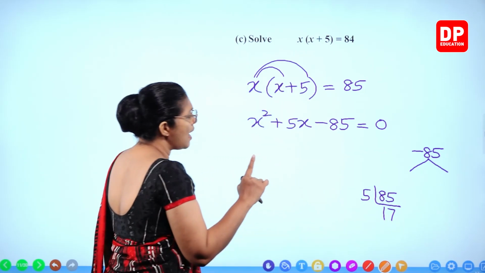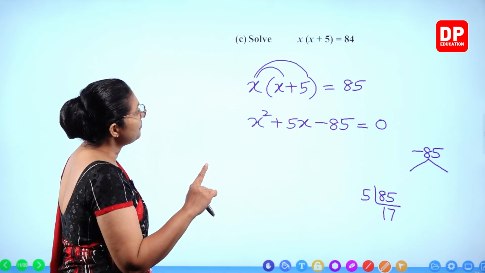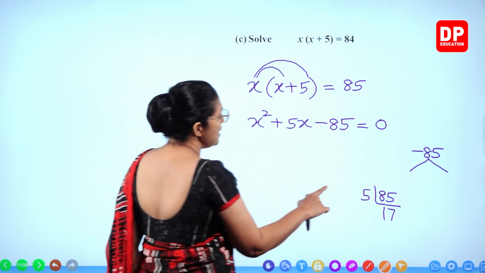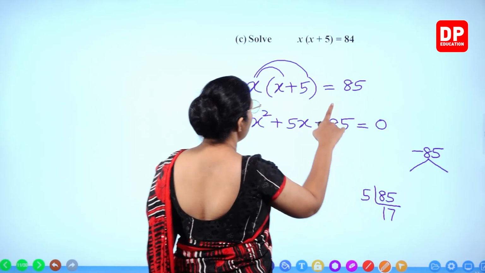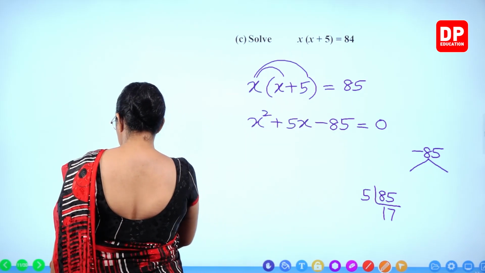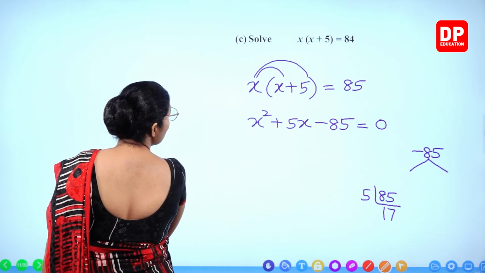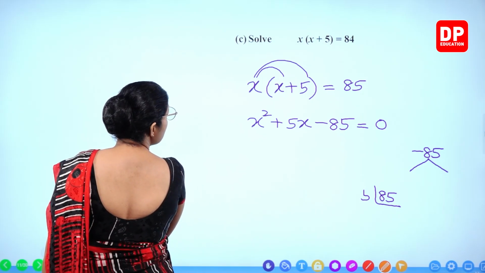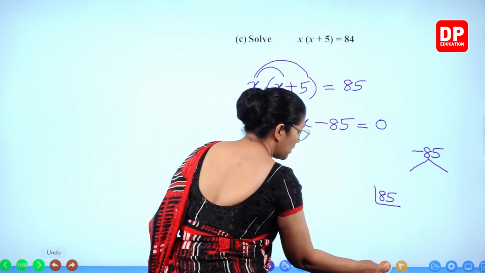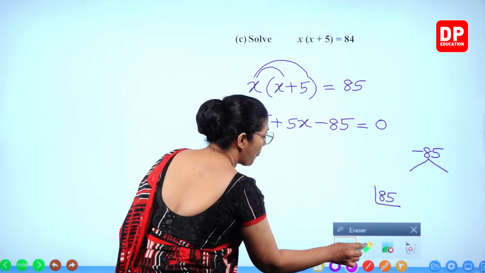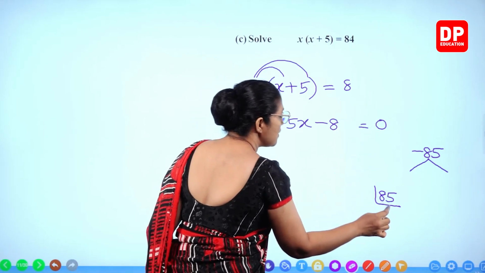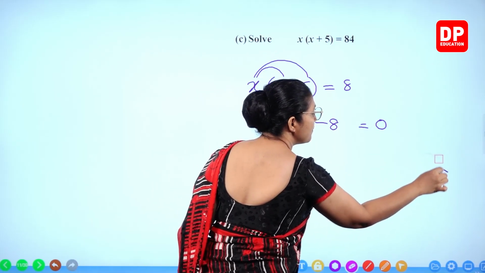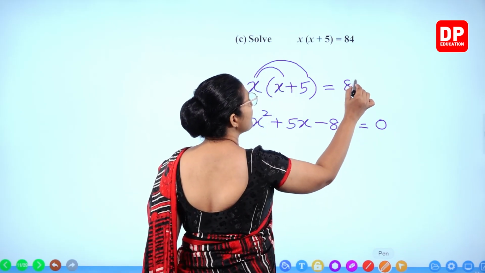So 17 times 5, and here I made a mistake. What's the mistake I have done? I wrote 85. That's wrong. So here we'll first write down this is 84, not 85.